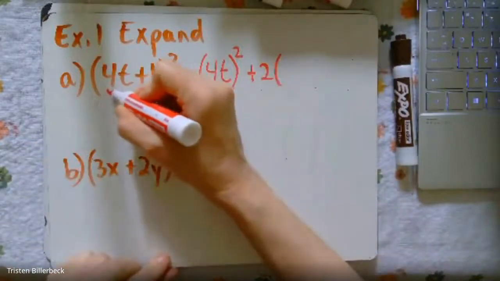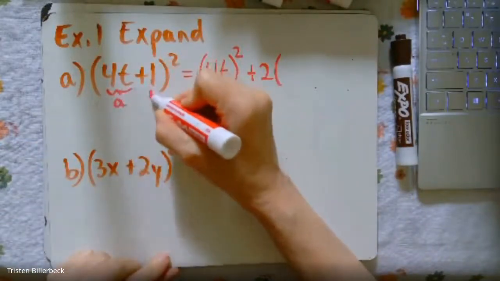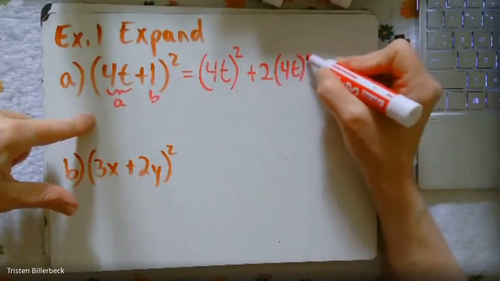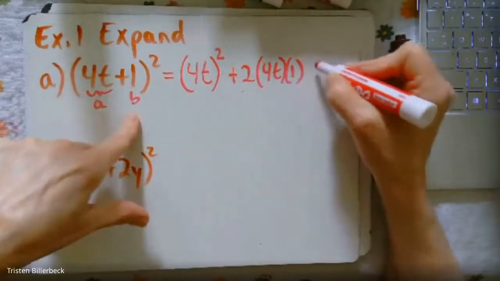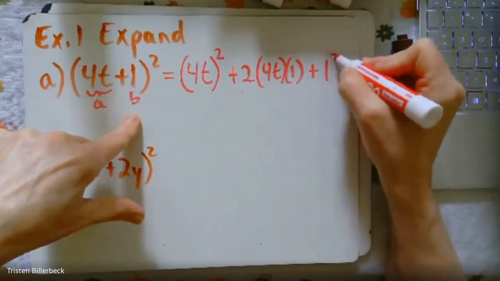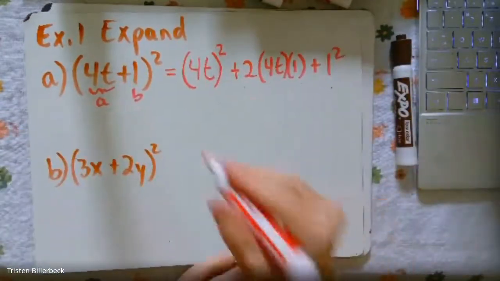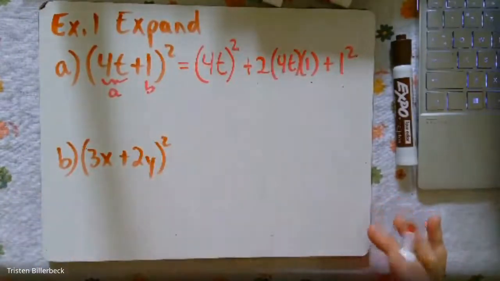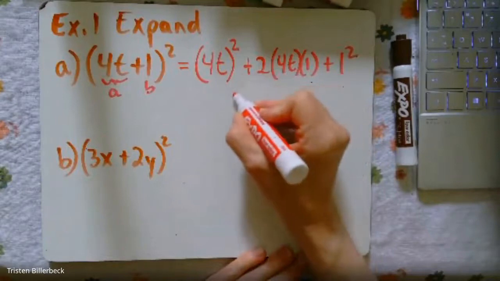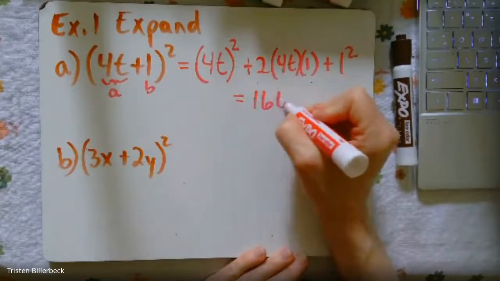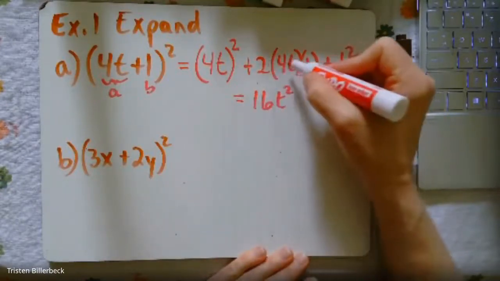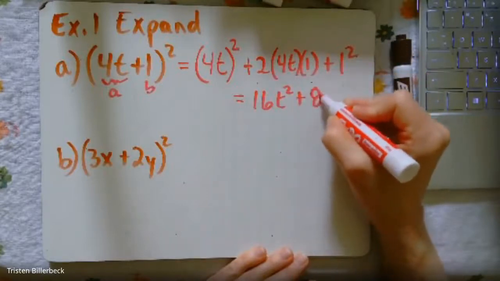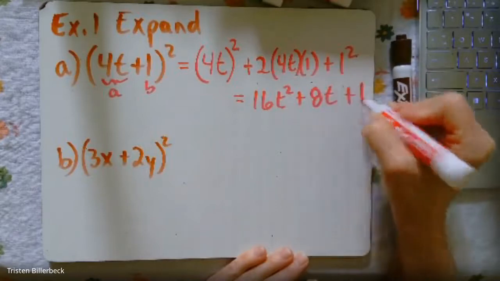If this is A and this is B, then 2AB would be 2 times 4t times 1, and then B squared, so 1 squared. If we blindly use the formula, we end up getting 16t squared, and then 2 times 4 times 1 is 8, so plus 8t plus 1.